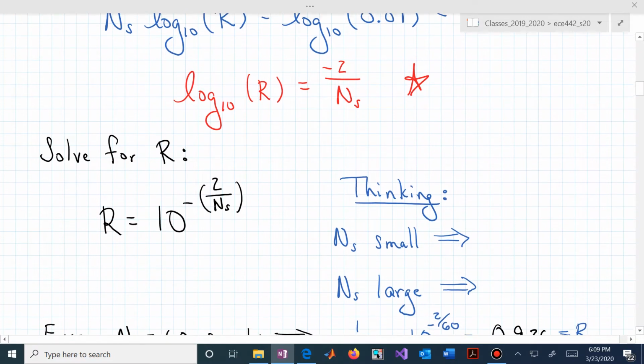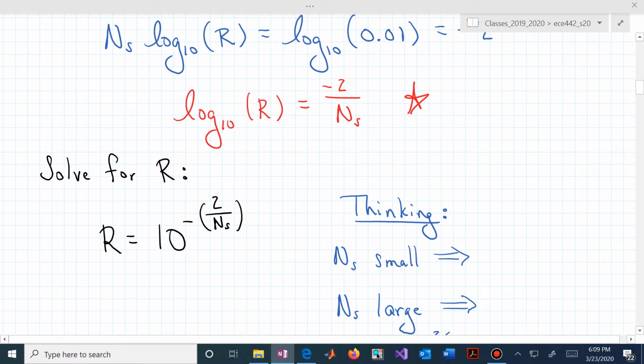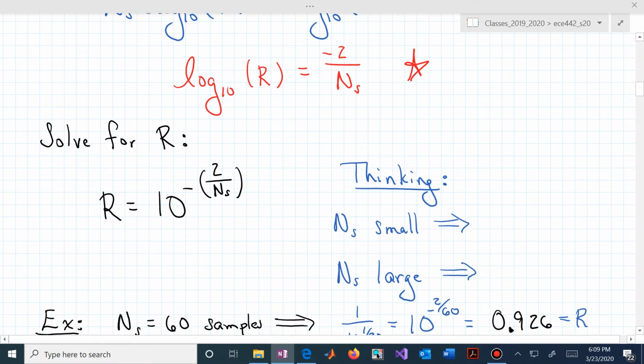If that's the case, what can we say about the relationship between the number of samples, what is its size, is it small or is it large, and what does that correspond to relative to the radius? And this may get a little bit confusing because it's raising 10 to a negative power, but we could also view that as r is equal to 1 over 10 raised to the 2 over n sub s.